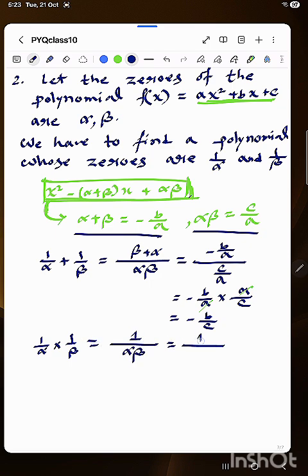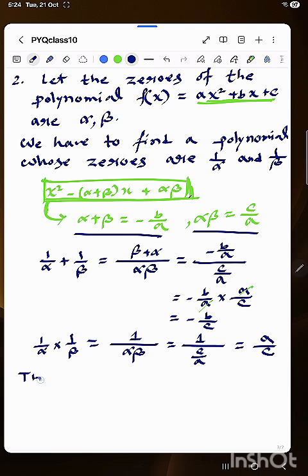What is the value of alpha beta? c by a. So I can write a by c. Okay. So now I can write a polynomial whose zeros are 1 by alpha and 1 by beta. Zeros are actually roots. Sometimes you can call it zeros, sometimes roots.